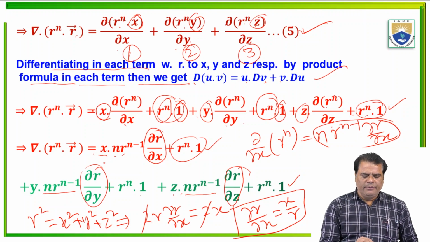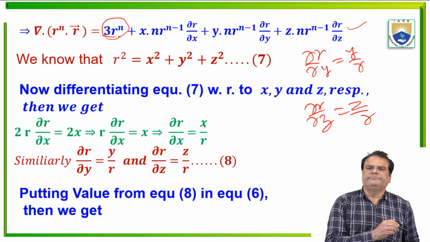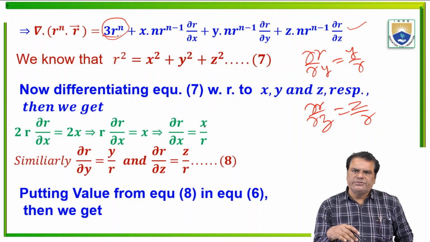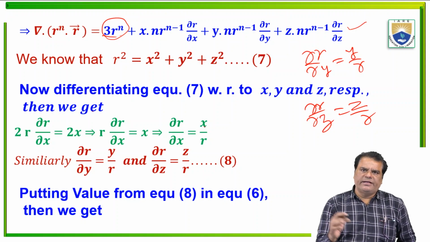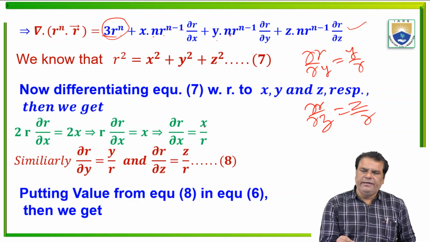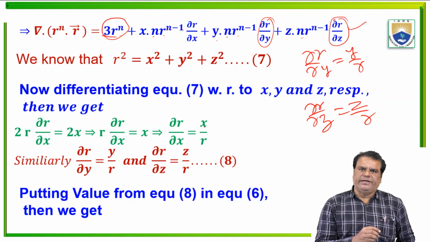Then we write here 3r^n. That is the same term, r^n is the same in each term. After adding, we get 3r^n plus x n r^(n-1) ∂r/∂x plus y n r^(n-1) ∂r/∂y plus z n r^(n-1) ∂r/∂z.